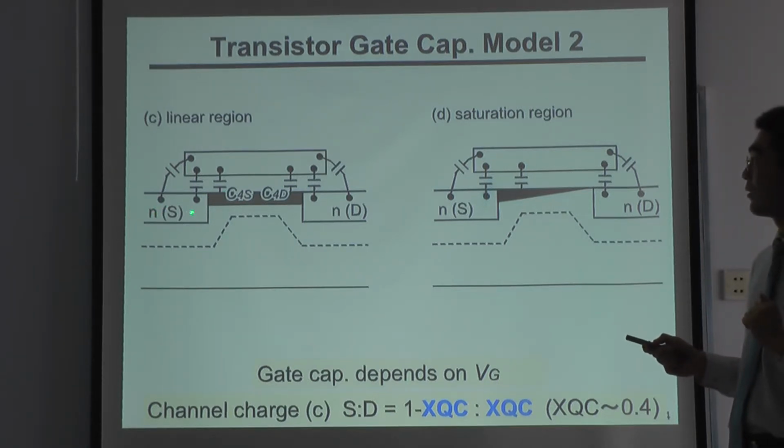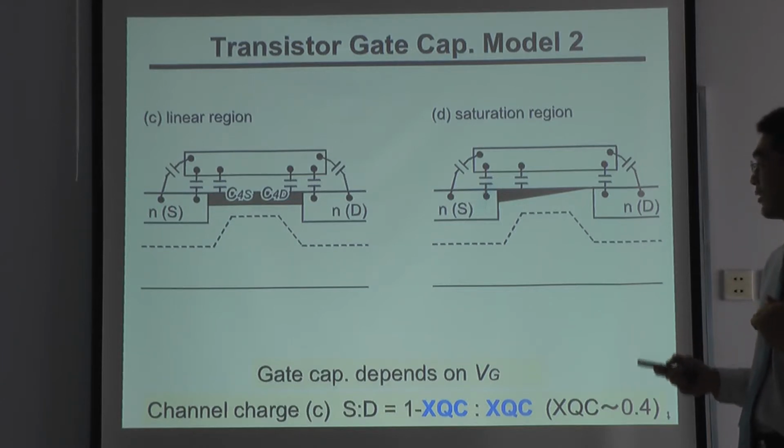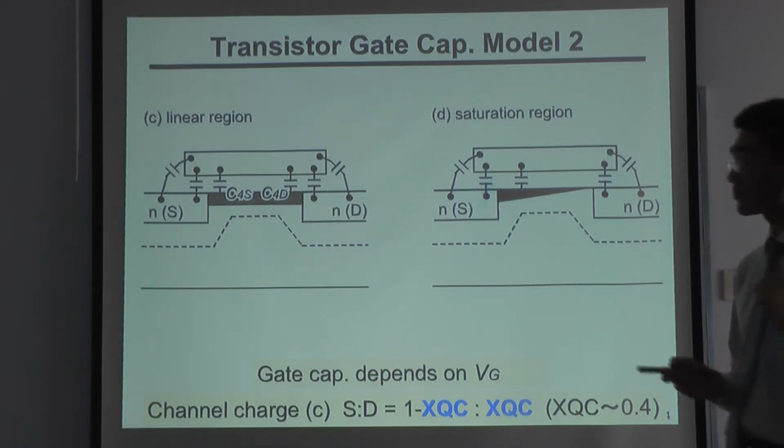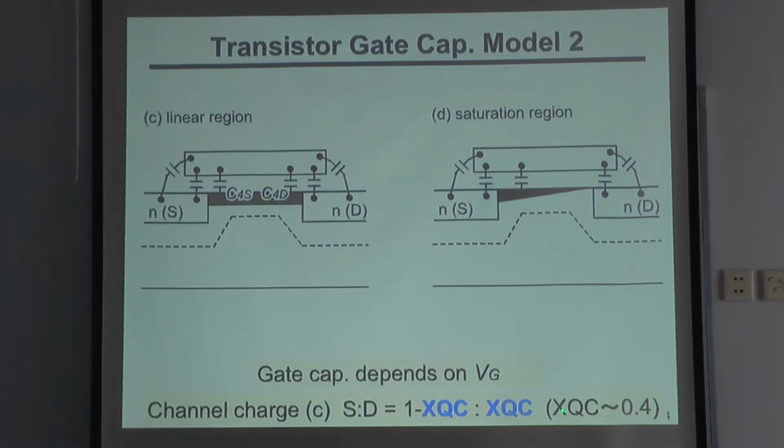The ratio of this charge is decided by the XQC parameter. Usually the charge is half and half from source and drain, but sometimes a little larger from the source side. Usually XQC is about 0.4, so 60% comes from the source and 40% from the drain.